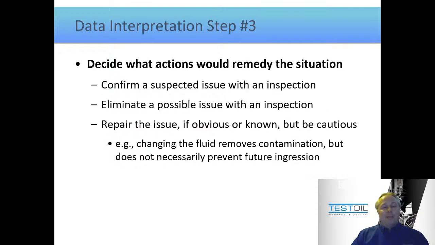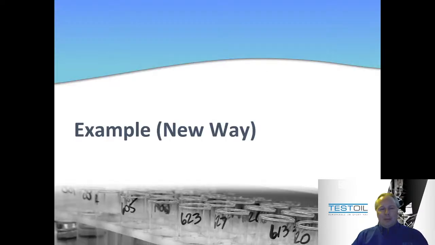And once we get to step 3, we're going to look at those couple of groups or one group of causes and decide what to do next. And in what to do next, we can either confirm a suspected problem, eliminate a suspected problem, or sometimes we're pretty sure exactly what's going on wrong and we can just go out there and repair it. So with those 3 steps in mind, let's now reattempt that report and do it the new way.